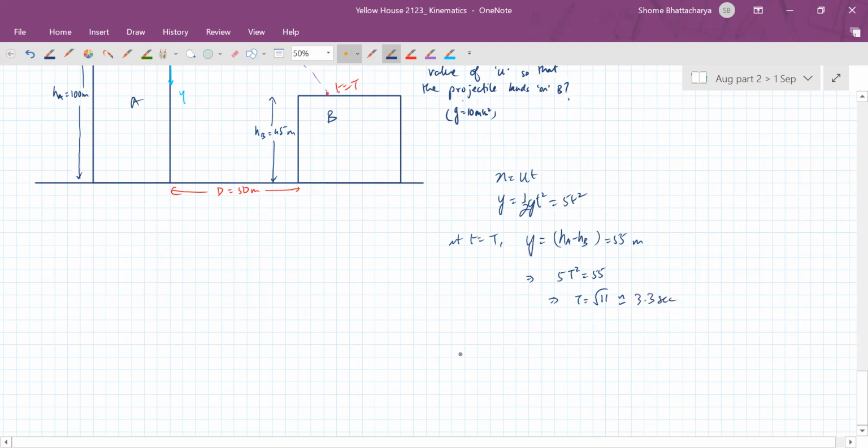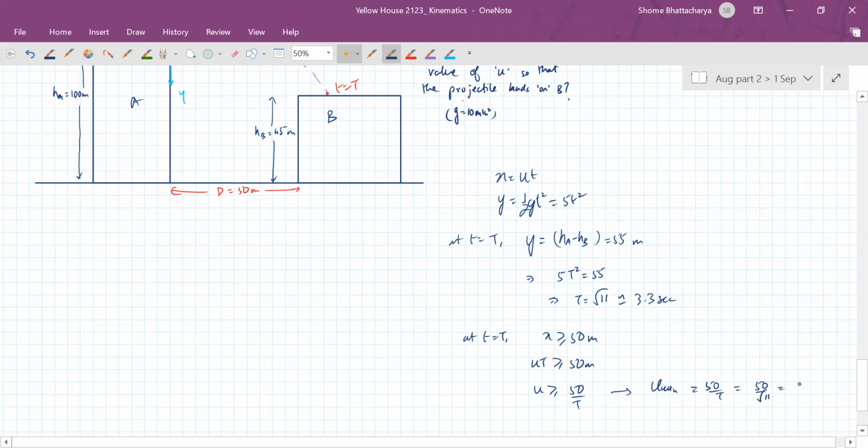Now what is happening at this time t? Your x coordinate should be greater than or equal to 50 meters. So ut should be greater than or equal to 50 meters, so u should be greater than or equal to 50 by t. That means the minimum value of u possible is 50 by t, or in this case 50 by root 11.